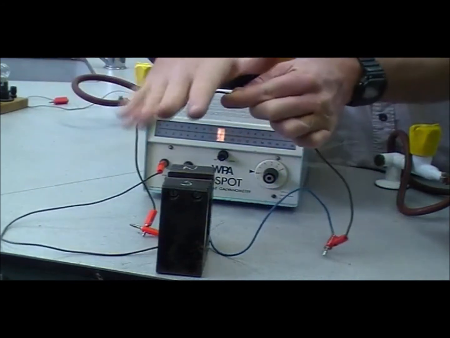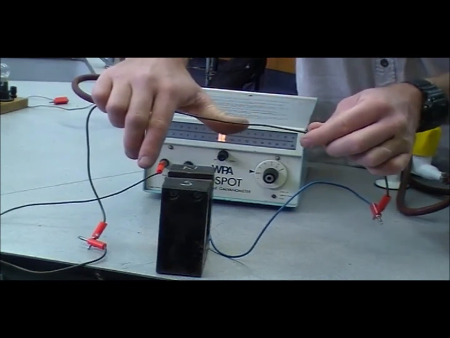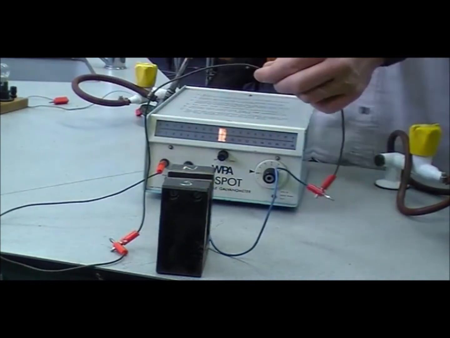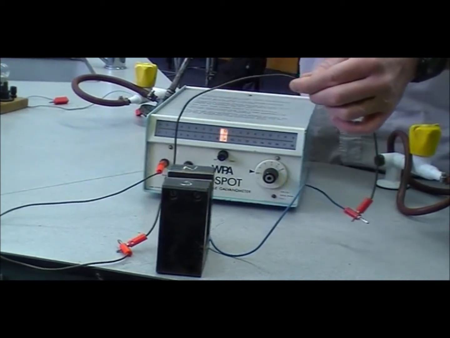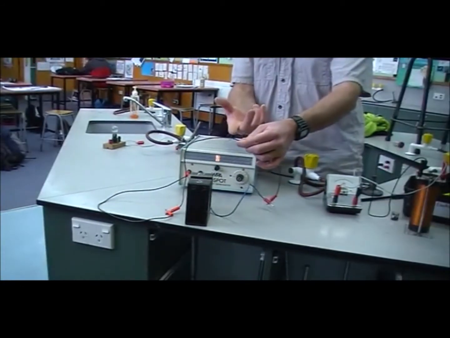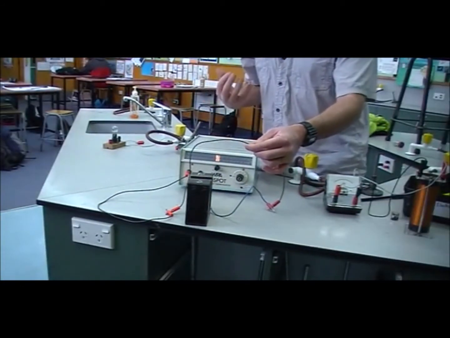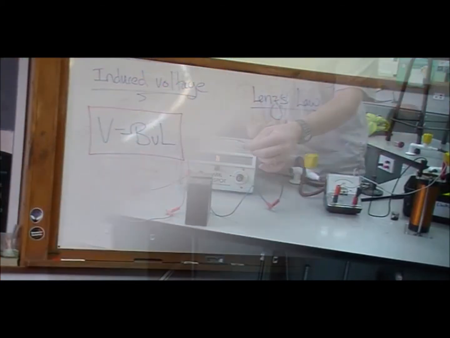Magnetic field's that way. Why's it down? Stubborn pig. So the key thing we have to remember with induced voltages is that the direction of the force is going to oppose the motion. It's going to oppose whatever change we're trying to make to the system.